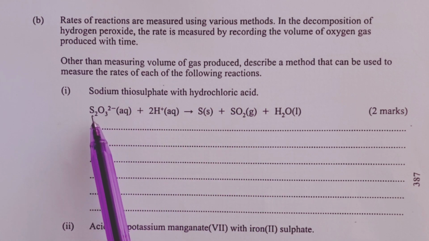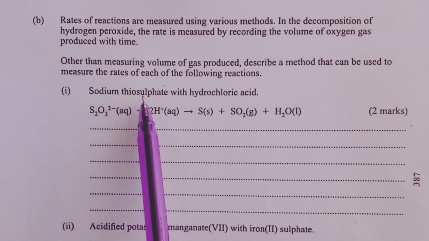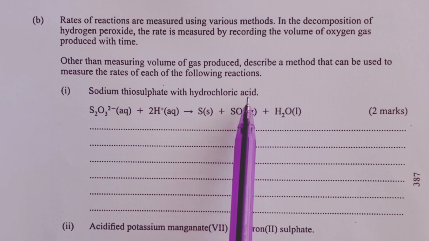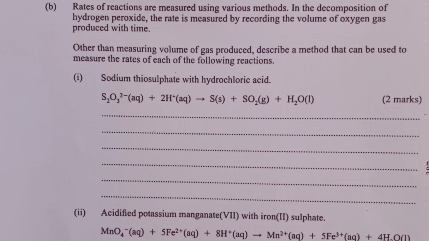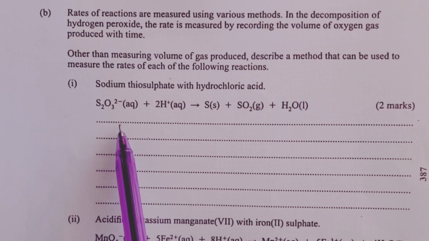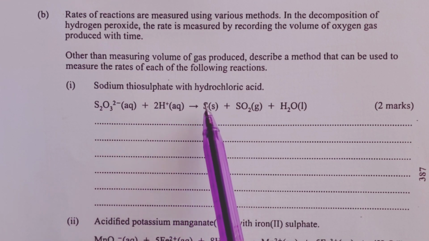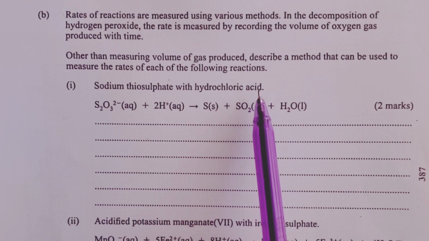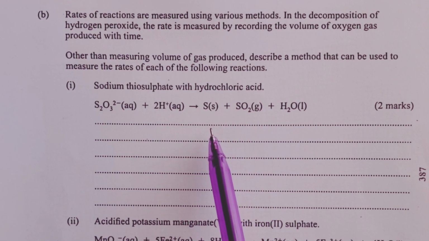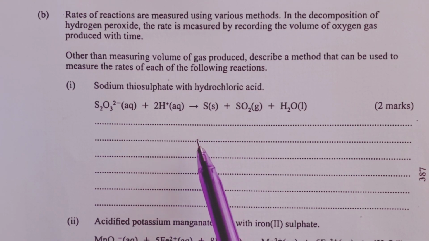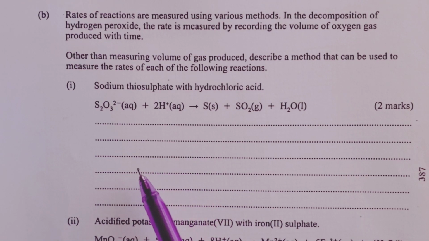B part 1, we are reacting sodium thiosulfate with hydrochloric acid. In this reaction, we can measure the rate by taking note of the amount of sulfur that would be deposited in a given time interval.